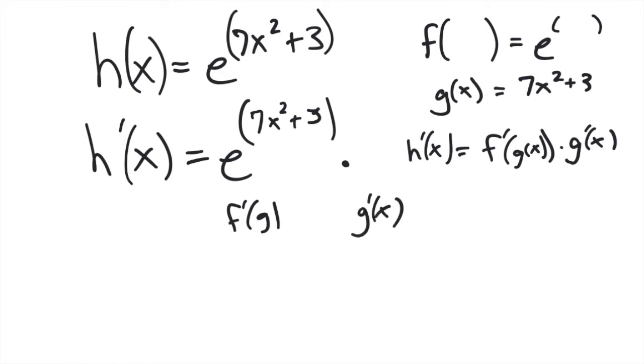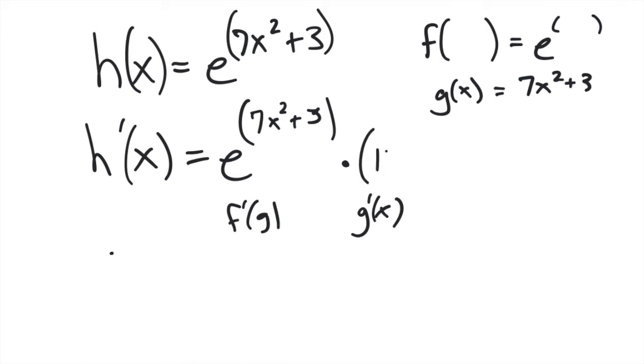Okay, so g prime of x is just the derivative of whatever's on the inside, which is 7x squared plus 3. So the derivative of the inside is 14x. You could say 14x plus 0, because the derivative of 3 is just 0, but you don't need to write that. I would recommend putting this in parentheses. I know in this problem, with just one term, 14x, it's not really needed.